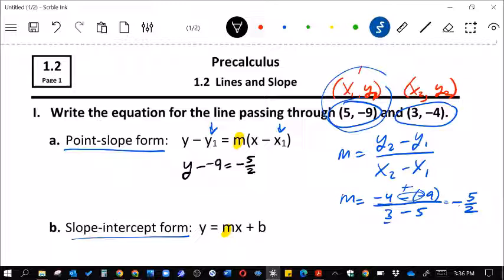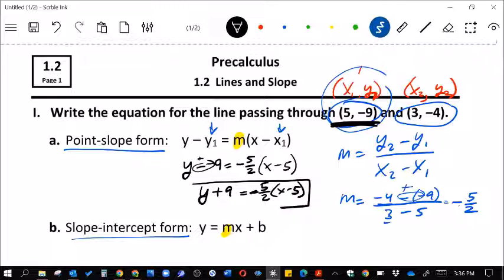This should be -9 because I'm using this pair here. So y take away a -9, which will be a positive, and -5/2, x take away 5. So I have 5 and -9 in there. Let's make that +9 equals -5/2, x minus 5, and that's all there is to it.